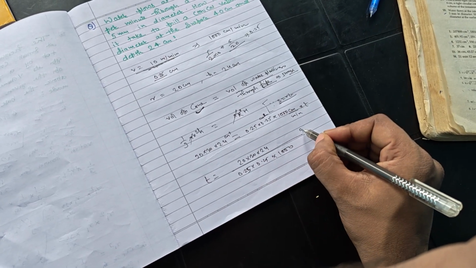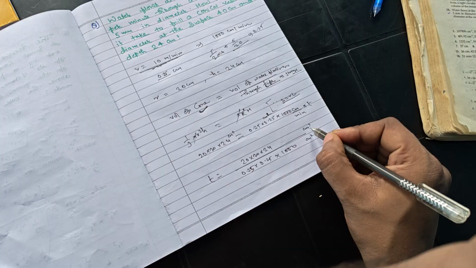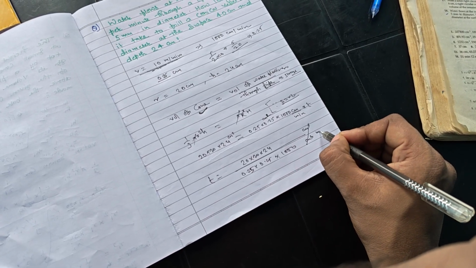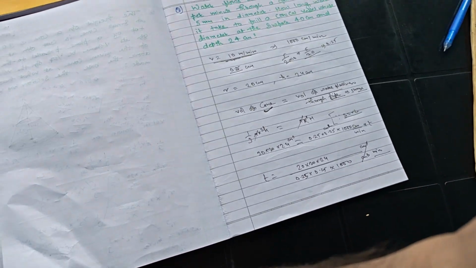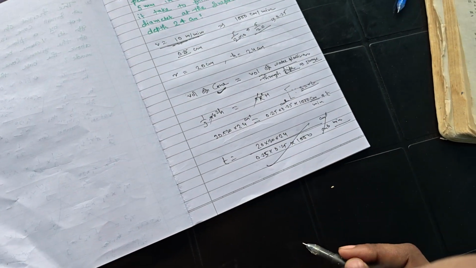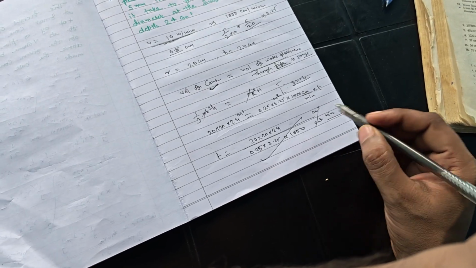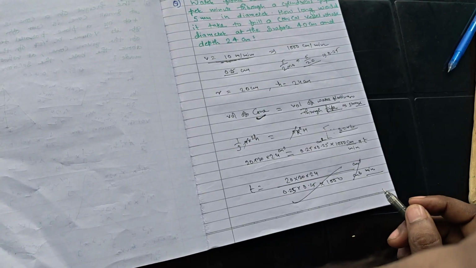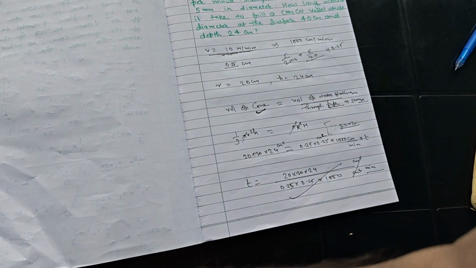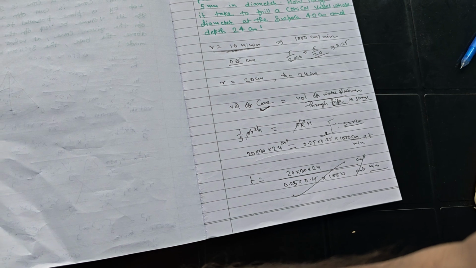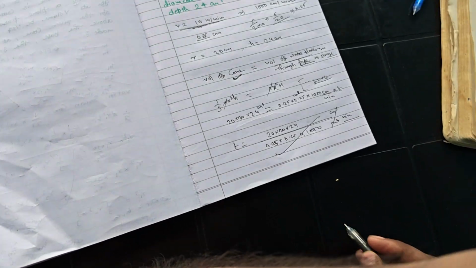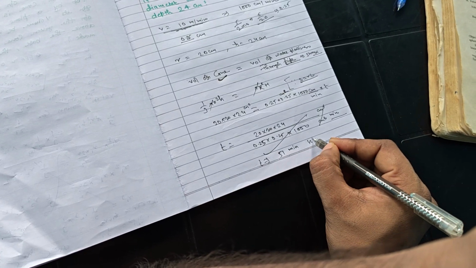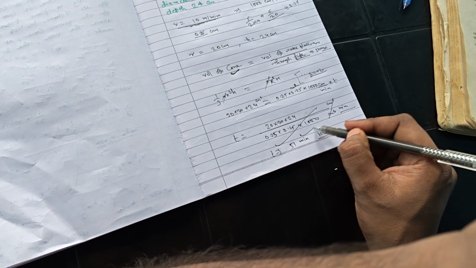So centimeter cube cancel, we just got t, that is minute. Here we get that of minute, and approximately there is a 51 minute 12 second. 51 minute 12 second after solving this.